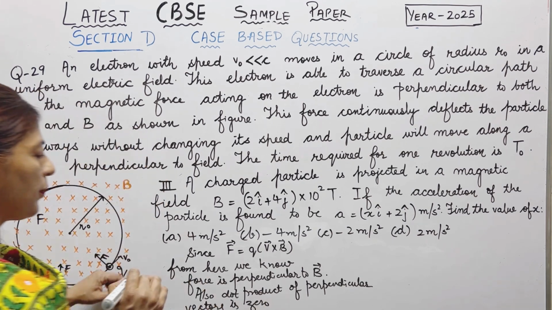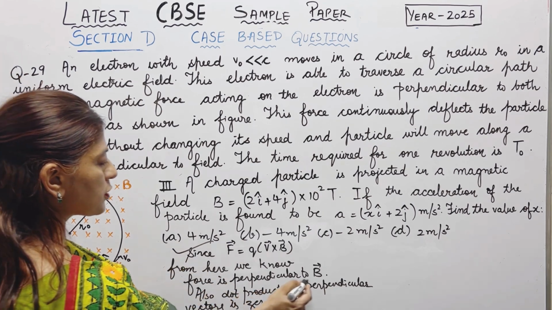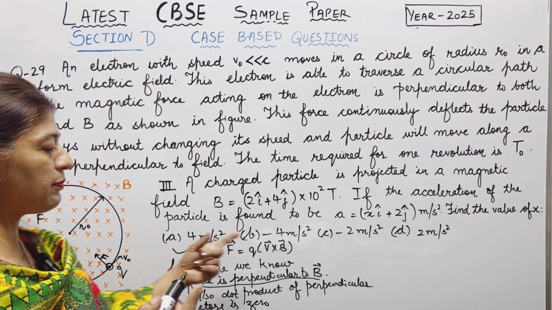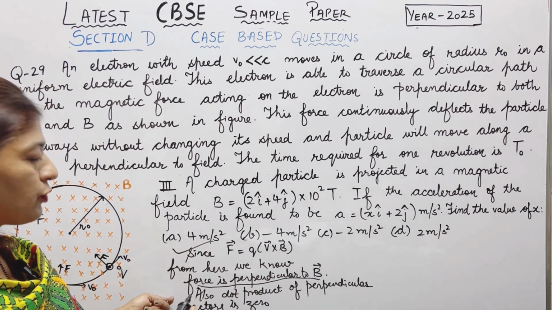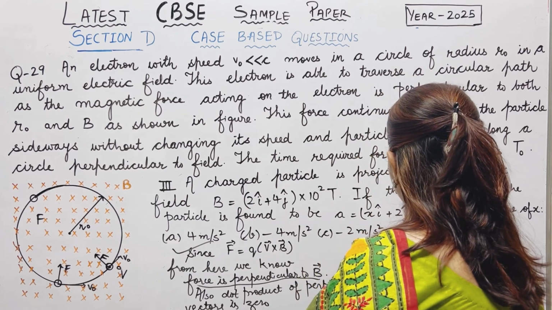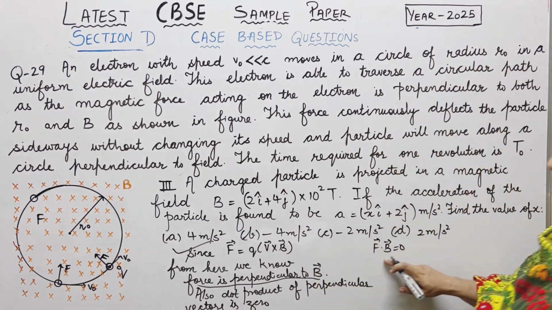We are using two properties. First, the formula from where we conclude that force is perpendicular to magnetic field, and second, since force and magnetic field are perpendicular, their dot product will be 0. So F dot B is equal to 0.